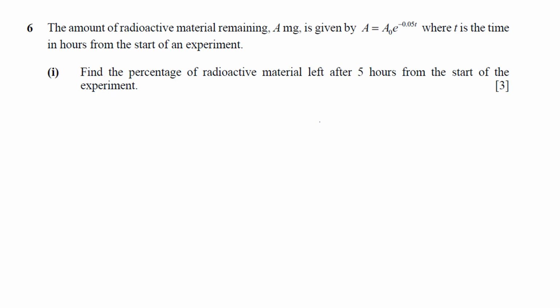Okay, so what we're going to do is just substitute t to be 5 first and see what happens. When t is 0, it's at the start of the experiment, your initial. So A will be equal to A subscript 0 e to the power of negative 0.05 times 0, which is 0, which will give you A subscript 0.